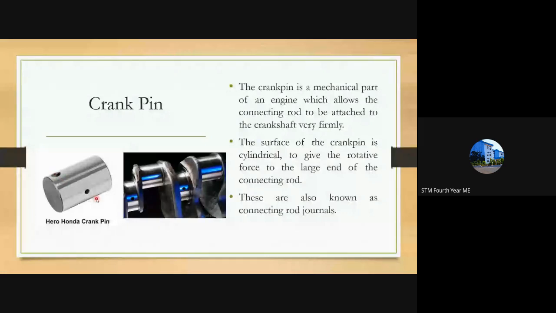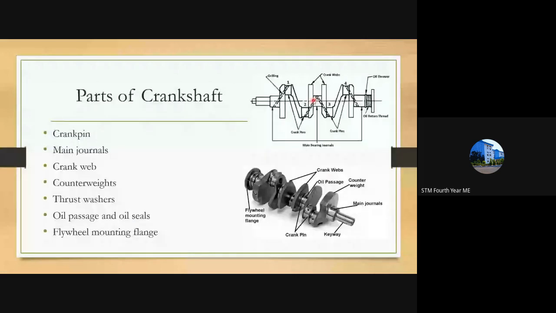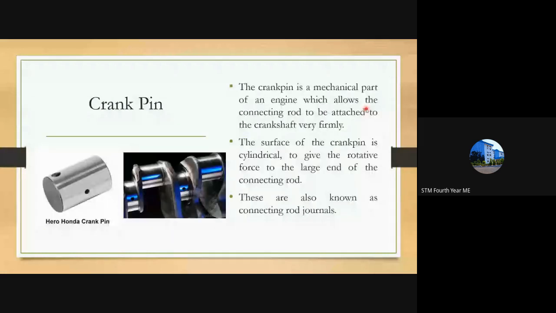You can see in here also it is provided in a slanting or an inclined passage. So this is a crank pin, and the crank pin allows for the firm attachment of a connecting rod to the crankshaft.